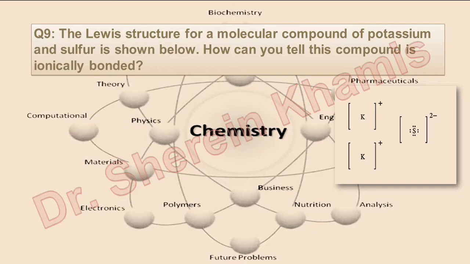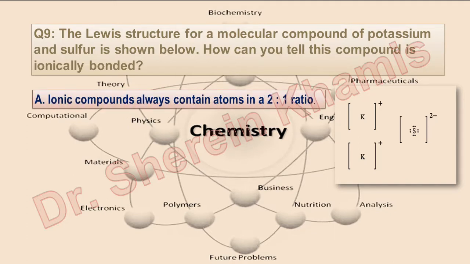How can you tell this compound is ionically bonded? We say that each potassium atom loses 1 electron and the sulfur atom gains the 2 electrons of each potassium. So we have choices here.